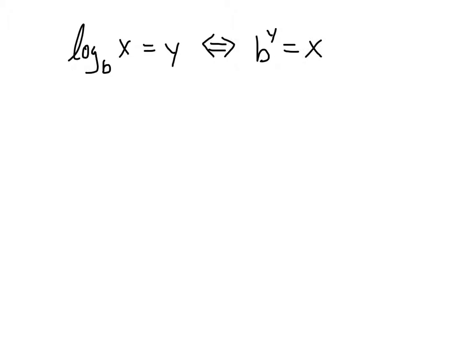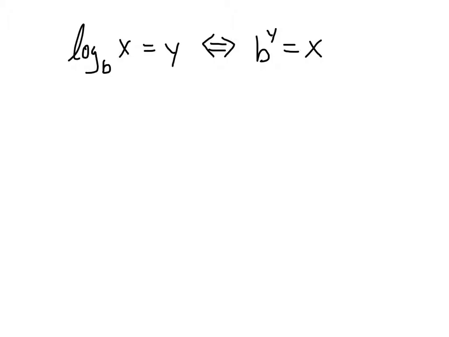Let's take a look over here. I started writing on the board here. We have log base b of x equals y. And so therefore, I can use my definition of logarithms to write that in exponential form, b to the y power equals x. Okay, that we've known already, right? That's nothing new.